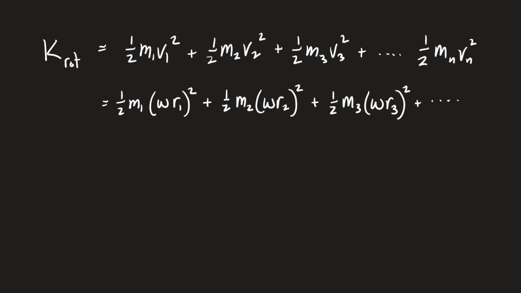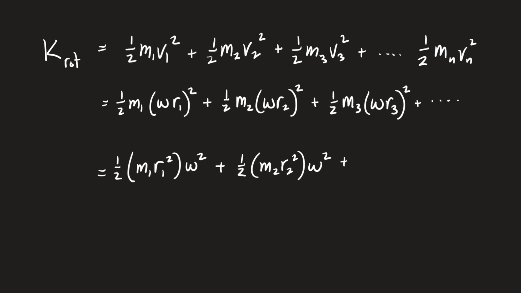Are we good so far? Just going to reorder this a little bit if you don't mind and write this as 1/2 m1 r1 squared omega squared plus 1/2 m2 r2 squared omega squared plus 1/2 m3 r3 squared omega squared, and so on.